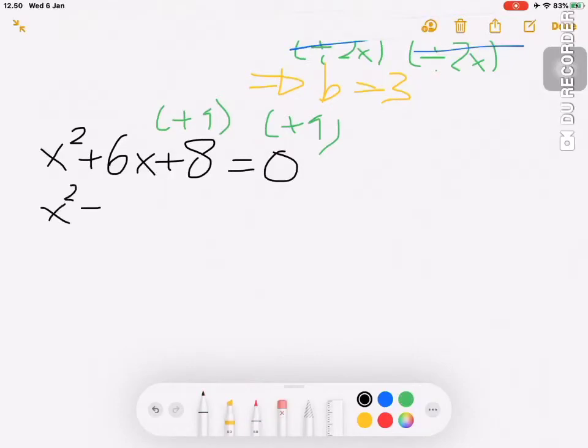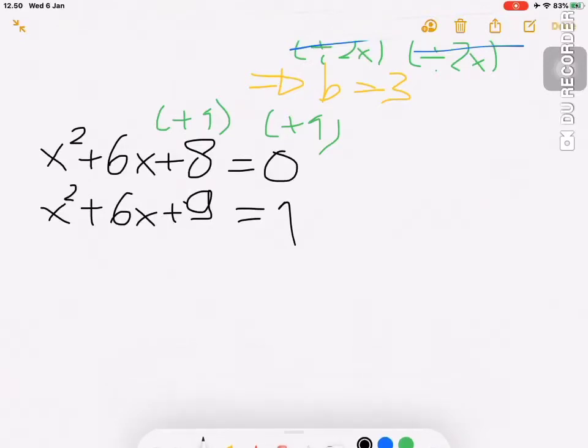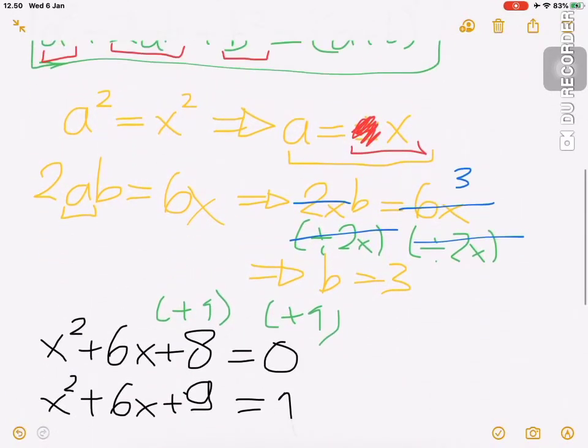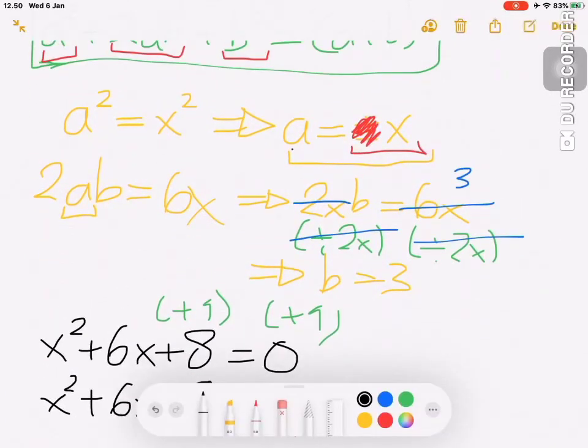Of course, it's just 1. So what we will do is add plus 1 on both sides, like so. Then x squared plus 6x, 8 plus 1 of course becomes 9. This just becomes 1, like so.